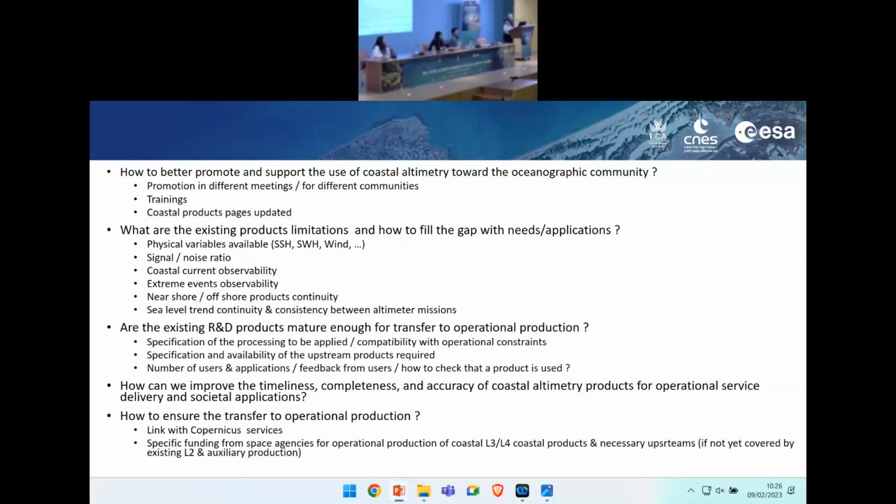And for people from space agencies, what are the arguments that you expect from us to found some production or activities? No comment on that? Okay.